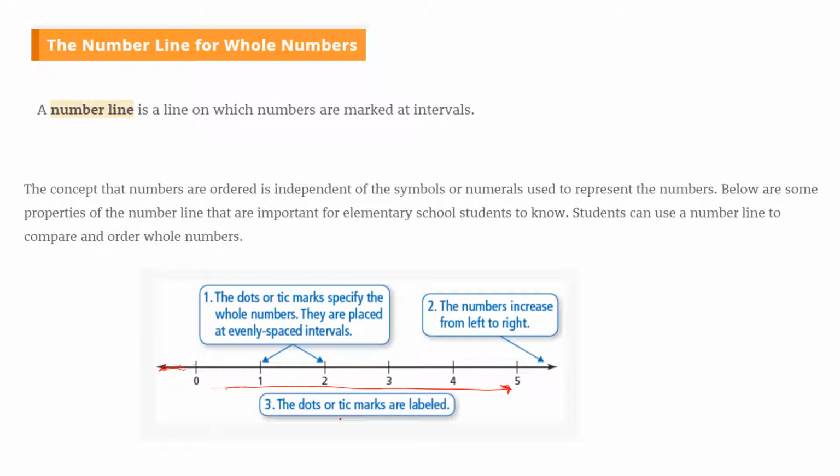So one number is larger than another number if it is to the right of it. So 4 is larger than 3. Or we can use the greater than symbol, because 4 is further right on the number line. Or I would know that 2 is less than 5 because 2 is further to the left on the number line.